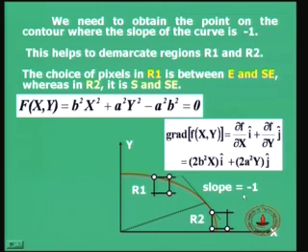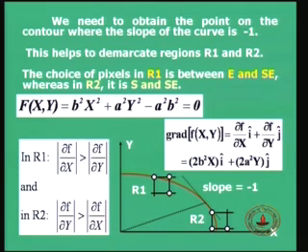Now if you look at the components of this grad function, which gives the slope of the tangent to the curve at any point on the ellipse, you will see that in region R1 the partial derivative along x is more than the partial derivative along y, and in region R2 the partial derivative along y will be more than the partial derivative along x.